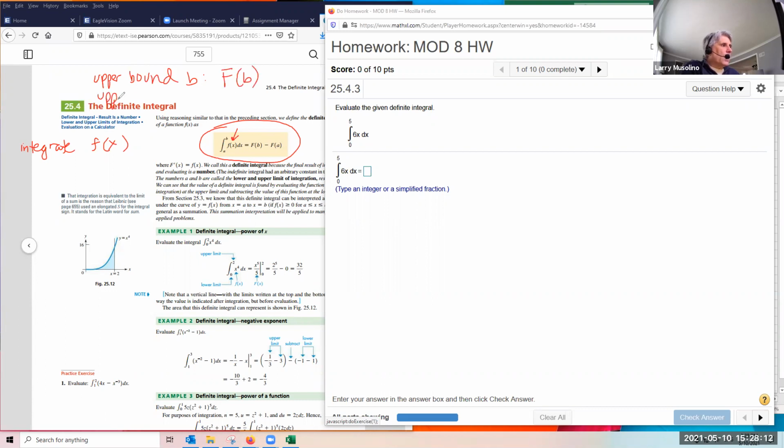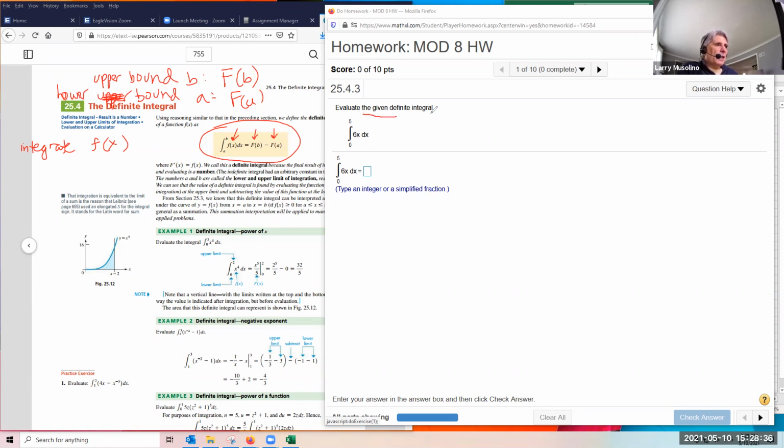Then you plug in the lower bound a. That gets you capital F of a, and then you subtract the two. So you take capital F of b minus capital F of a. And remember, what that does is it gives you the area under the curve in that interval from the lower to the upper bound. So let's do a couple of quick examples here.